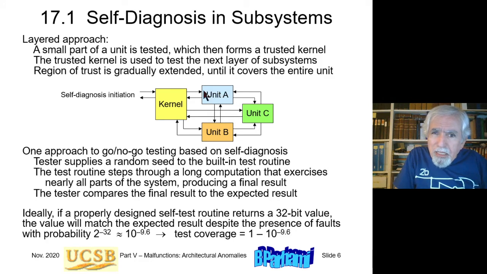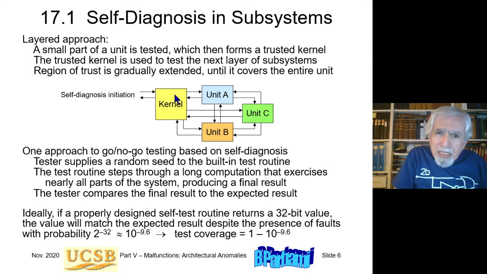Then unit A uses that seed as part of its diagnostic unit. So for example, it's an operand that the diagnostic unit operates on, and it sends that to the ALU, it sends it to memory, tries to test various parts of the unit, and then at the end it comes up with a result based on that seed.